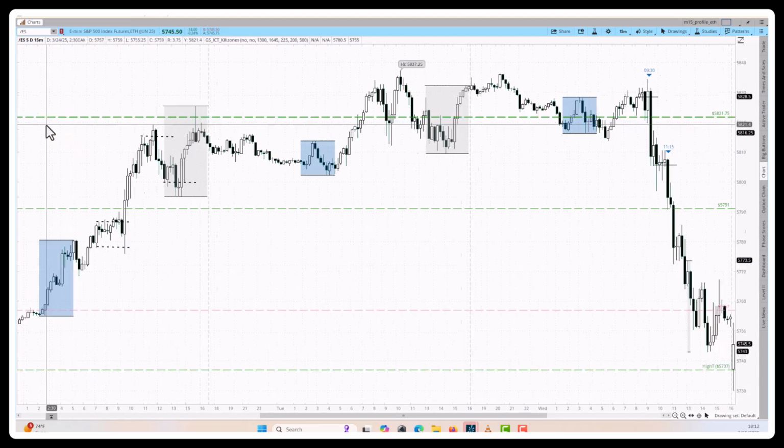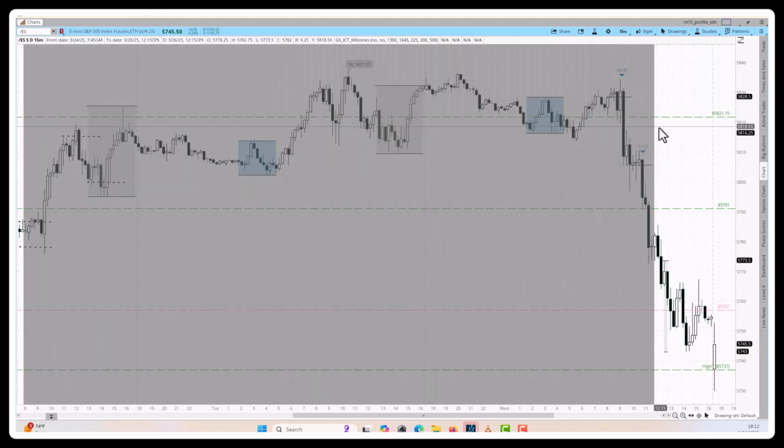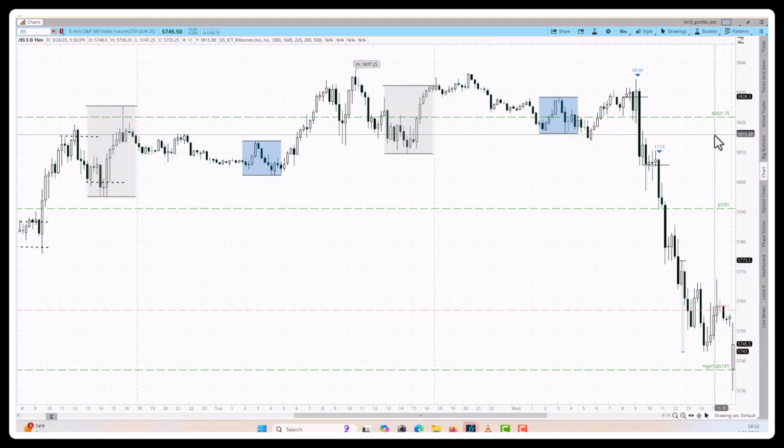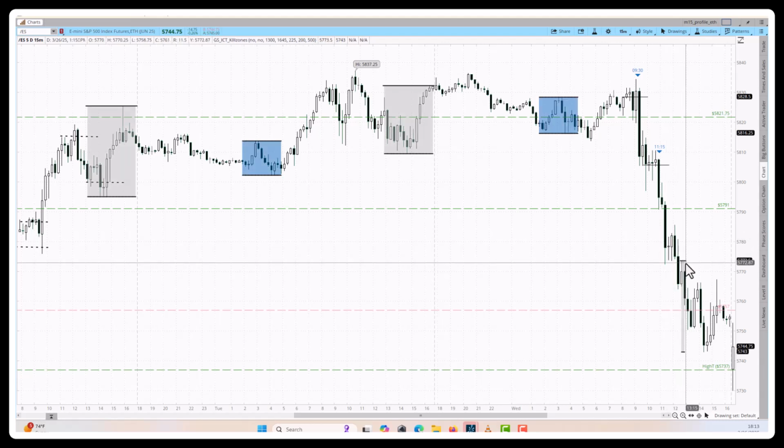Let's zoom it bigger so you can see. And look at that. You see the same idea right there. This move right here, see that? Break, reverse right away.